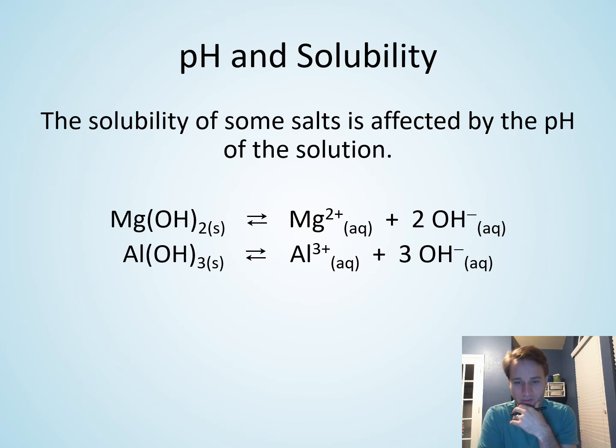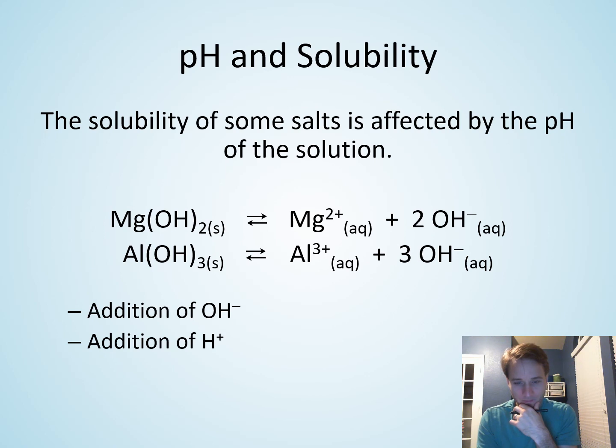These salts can actually affect the pH of solution, and it's very straightforward to see how the pH might affect their solubility. In very acidic solutions, they become a lot more soluble, because the acid will react with the hydroxide ions in the solution and use them up, and so you can just start dissolving more and more of the salt. Now if I add OH- ions, then I reduce the solubility of these salts.